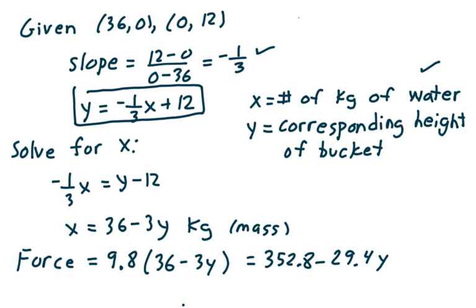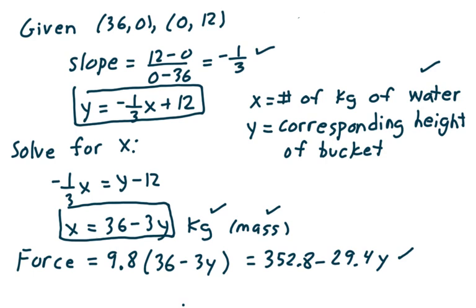Solving for x, I claim we get x equals 36 minus 3y kilograms. And remember, that's a unit of mass. And so the force is equal to 9.8 times 36 minus 3y, which is 352.8 minus 29.4y.